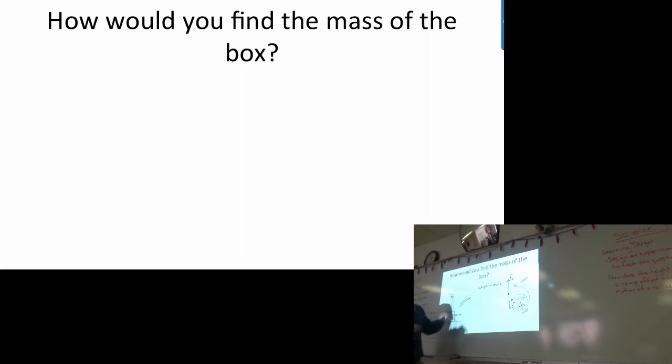If we know that the weight is 150 newtons, we're trying to figure out the mass. Little g is 10 meters per second squared. So I just divide each side by 10, and I get the mass being about 15.